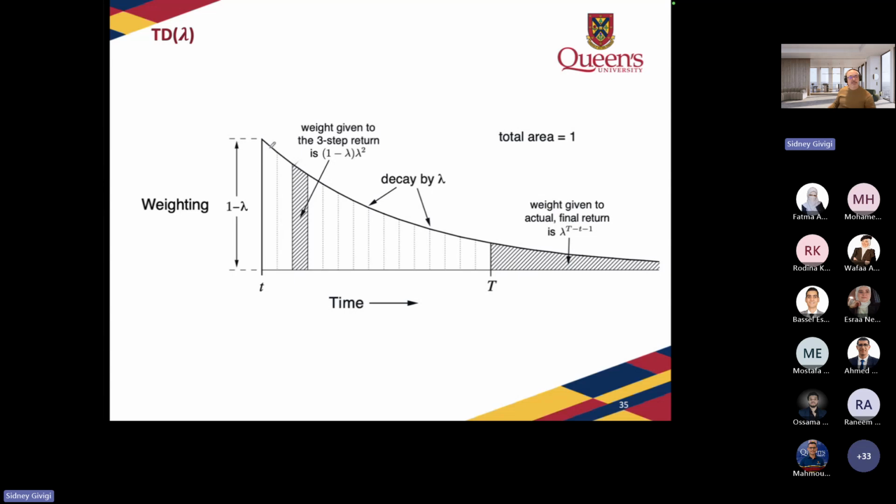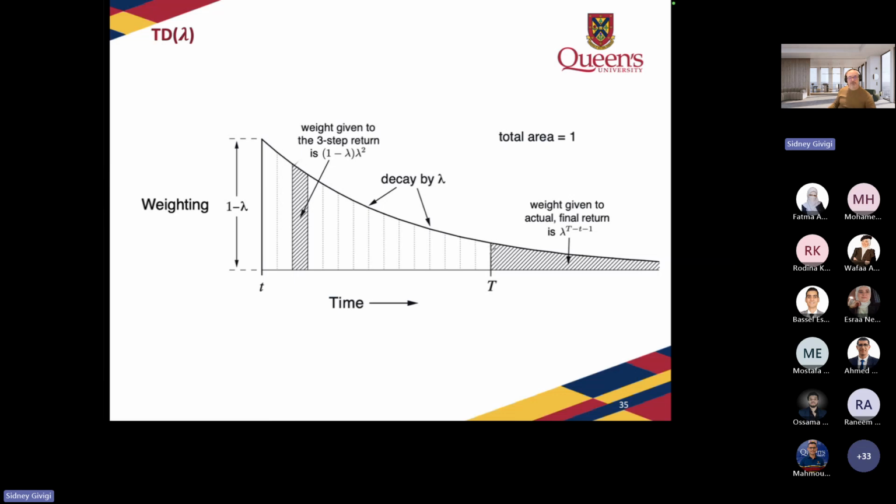And if you discretize these values, they are going to be related to the weight for each time step. So the first time step, the first return, is going to have a higher weight than the second one, than the third one. And this is going to be decaying by lambda.